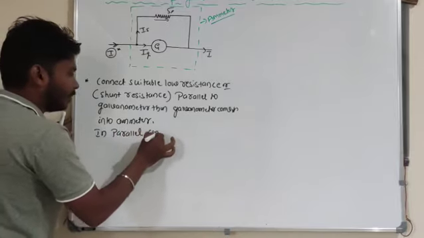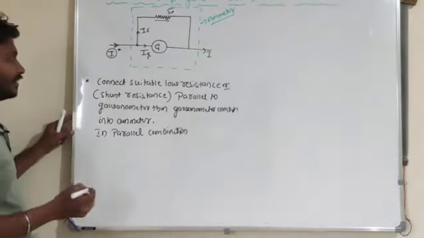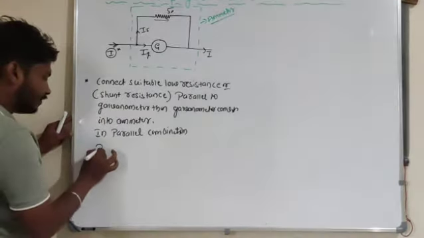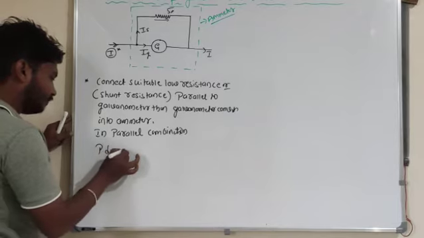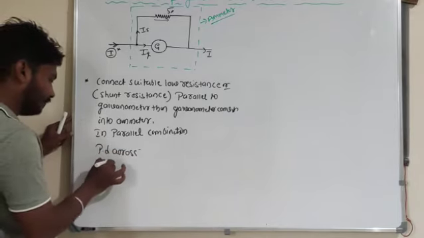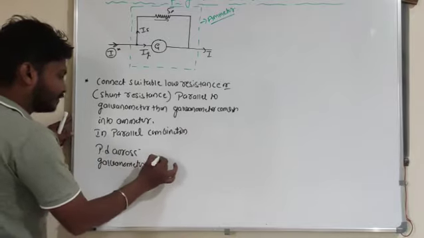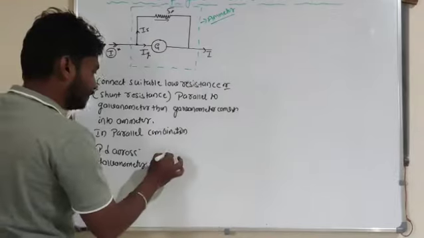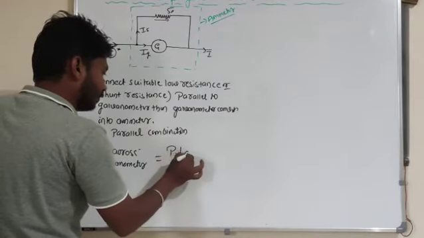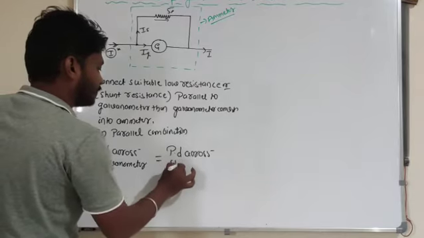In parallel combination, we know the basic things from current electricity. The potential difference across the galvanometer is equal to the potential difference across the shunt resistance.